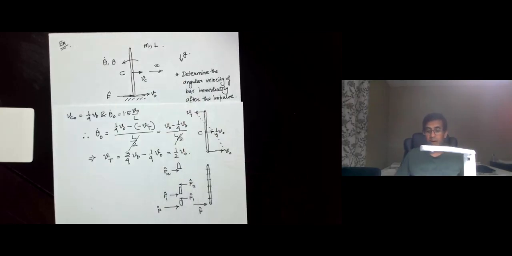In this case, we didn't have to do finite elements, but we can predict from the variation of these impulses that the velocity at the top, Vt, is going to be half of v naught. So that is how the impulse is getting transmitted from the bottom to the top.